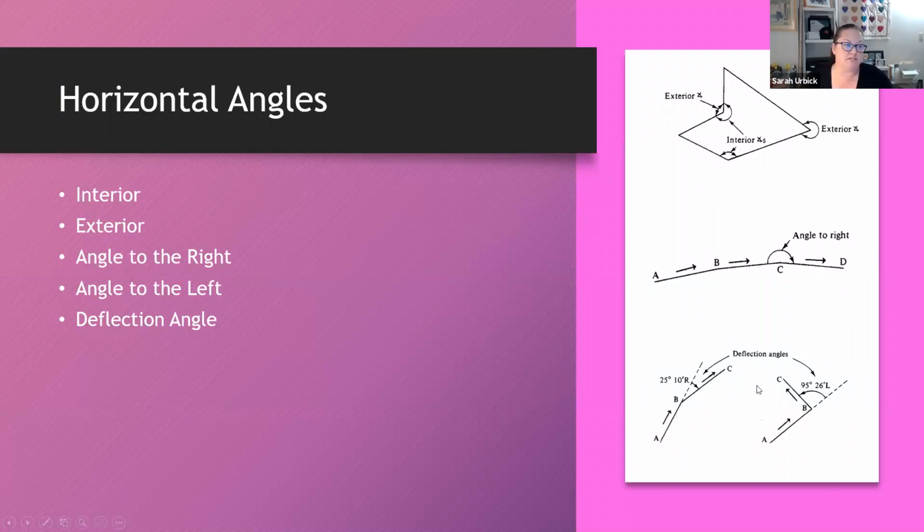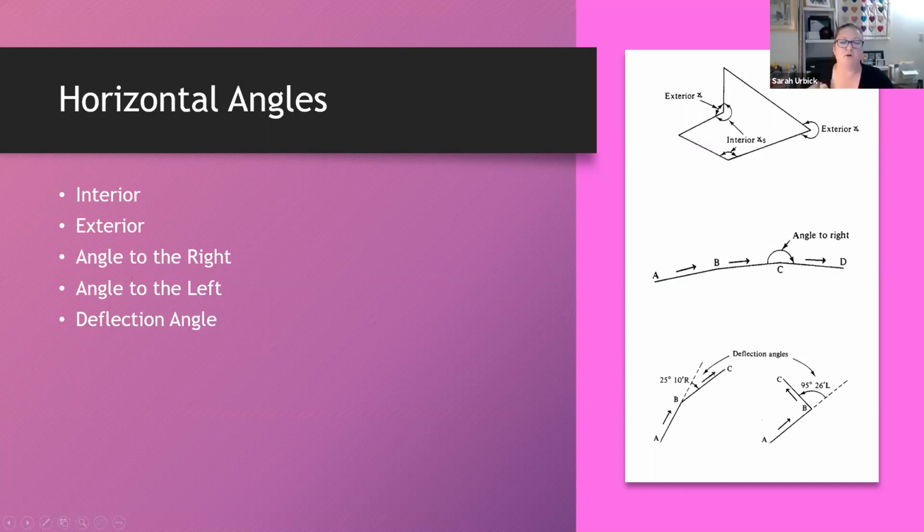So that's what these deflection angles are showing down below. And this angle at C. So we back sight on B, and we swing our angle around to look at D, we're swinging it to the right. You can also swing to the left if that's okay.